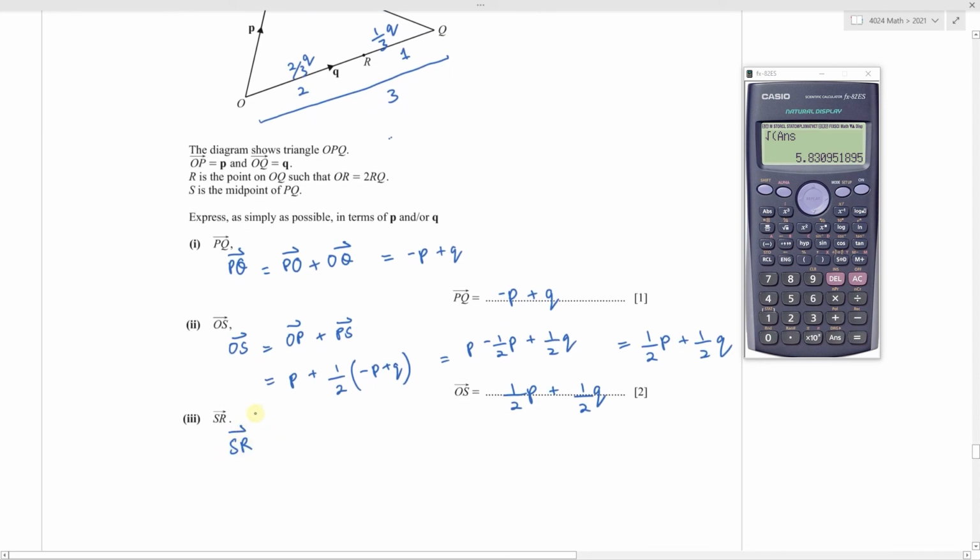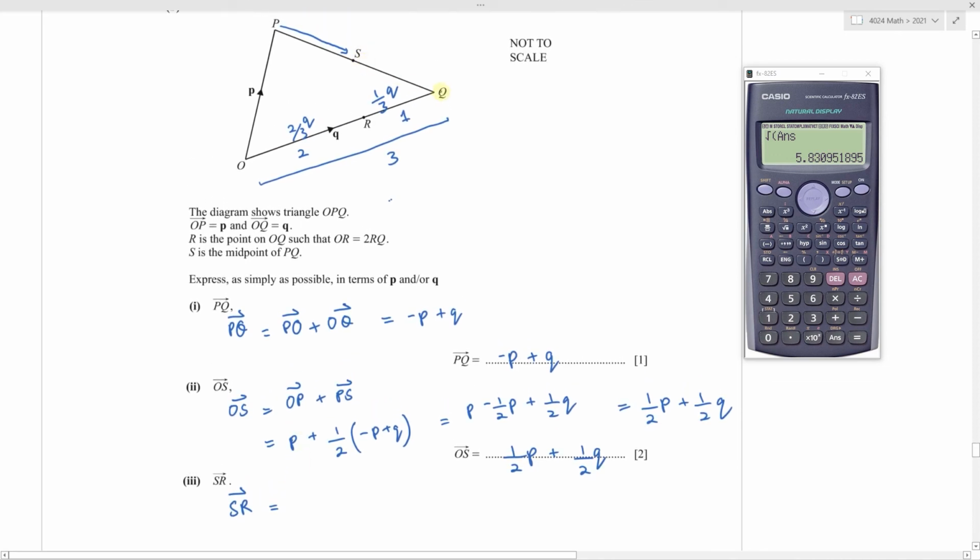SR will be equal to SQ plus QR. What is SQ? Again, SQ is half of PQ. So half of PQ plus QR.